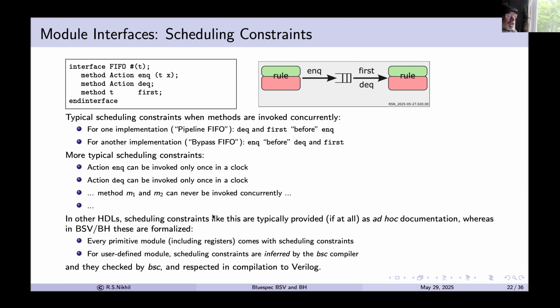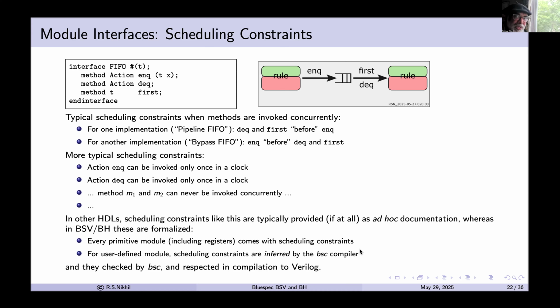It's formalized in the sense that it's represented in the code you created for it. But for somebody who's using your FIFO and who may not want to look through your code, nothing in the interface tells you about that. And what you might find is some documentation on the side that says, by the way, if you try to do a deq and enq on the same clock, this is what happens. All right. And so it might be in some ad hoc documentation.